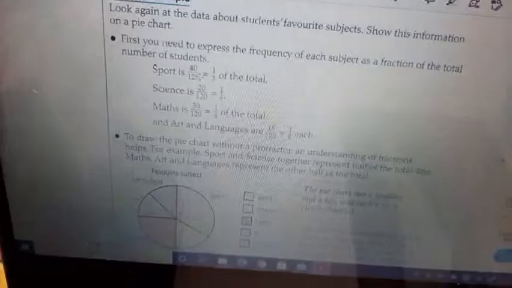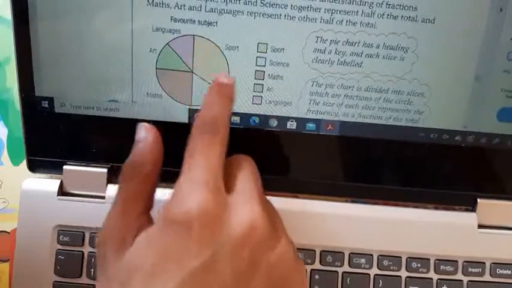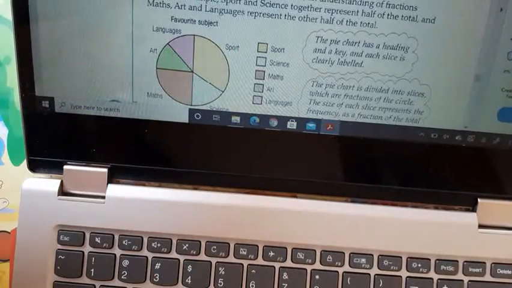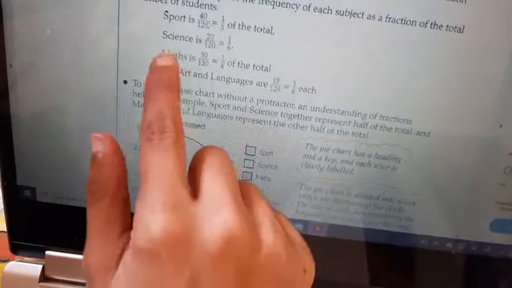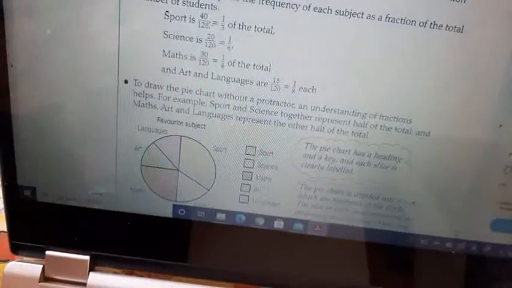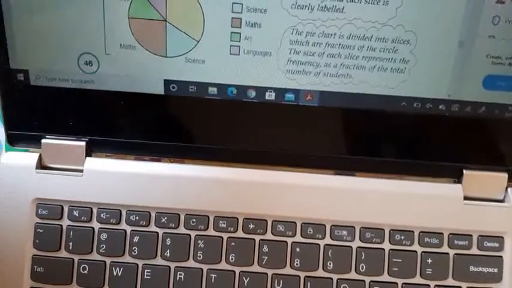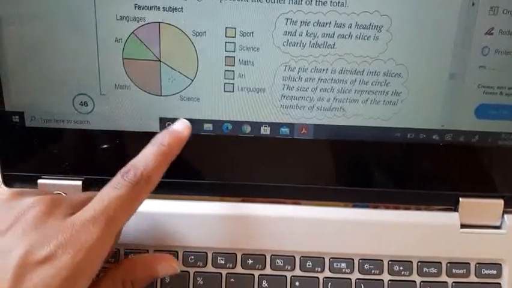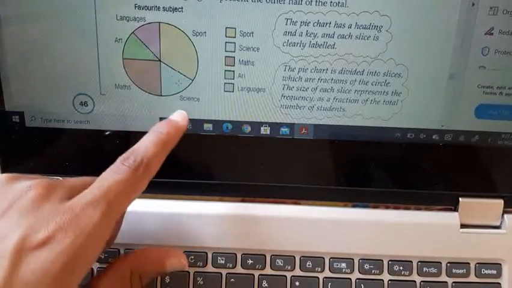So 1/3 is going to be represented in its slice. This is 1/3 of the whole circle. Okay, what about the science? Science was 1/6, right? 1/6, this slice represents the students who preferred science.